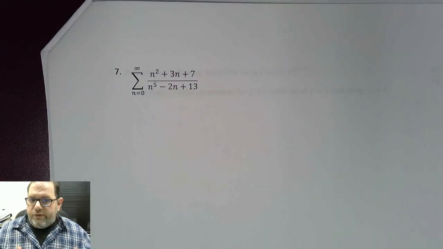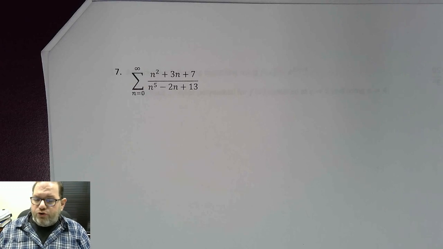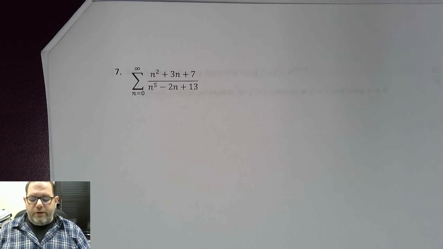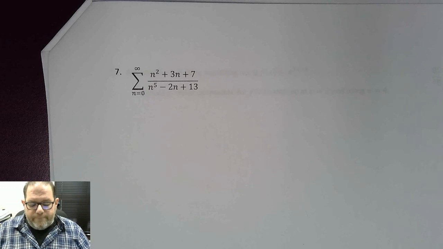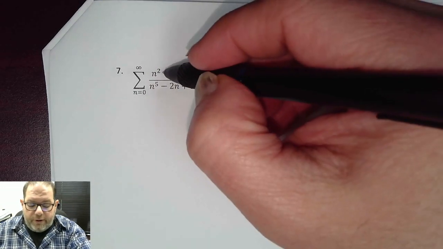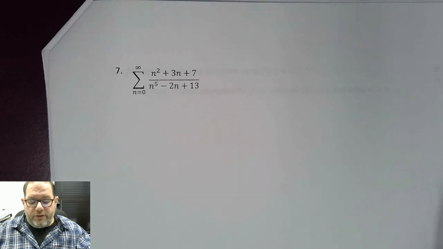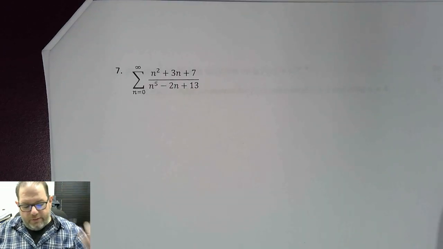Now 7 we see is similar to number 5 in that we have a ratio of polynomials being divided. But when we see this particular arrangement where the top exponent is less than the bottom exponent, then it makes more sense now to use the limit comparison test.